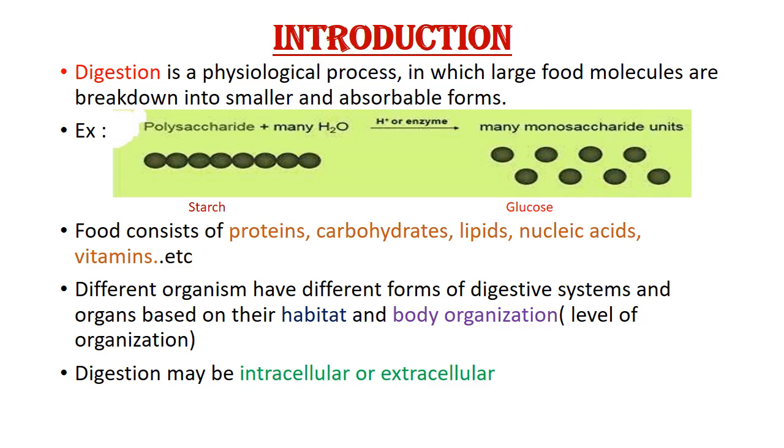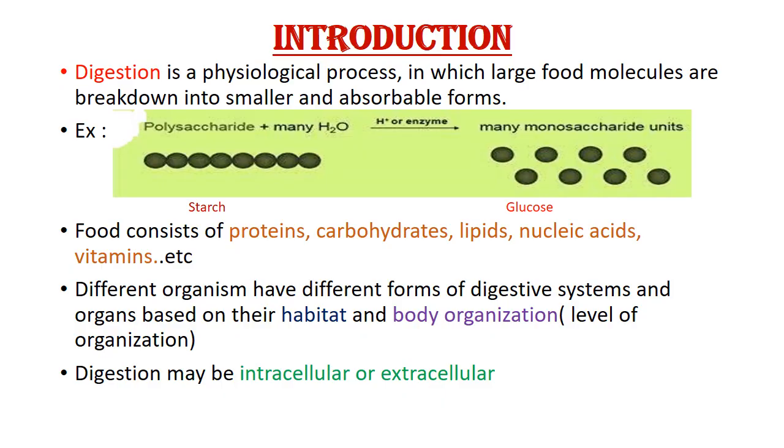Usually our food consists of protein, carbohydrates, lipids, nucleic acids, and vitamins also. These are essential for our body growth and development and also normal physiological functions. Different organisms have different forms of digestive system based on their habitat and level of organization.